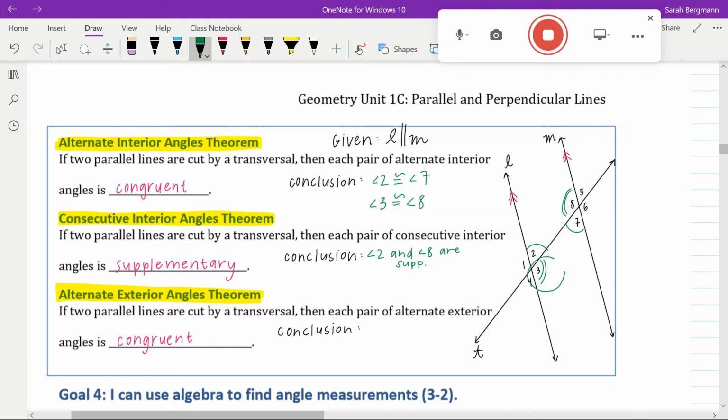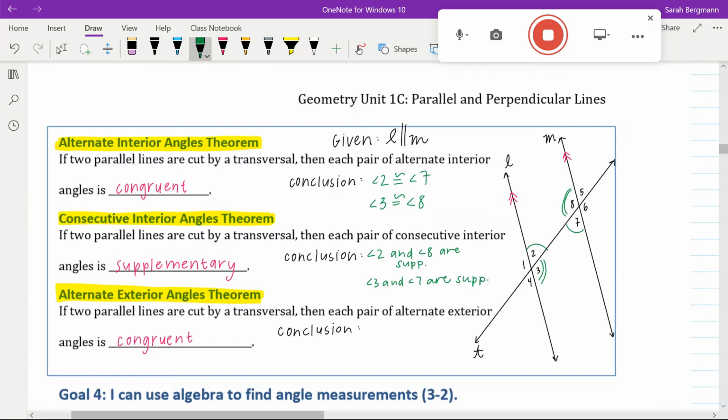You could also say angle 3 and angle 7 must be supplementary. Remember, in both cases, this means that the measures of the angles add up to 180.